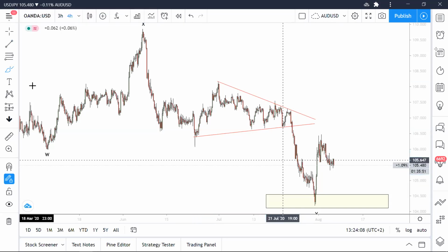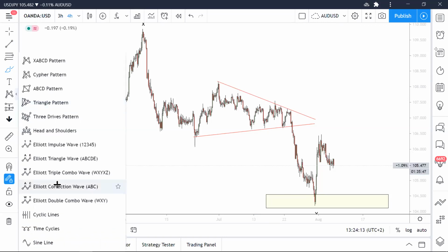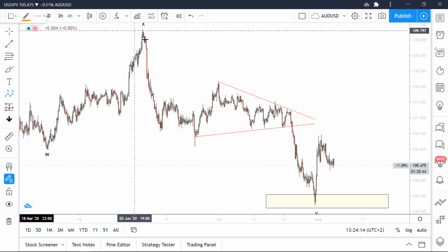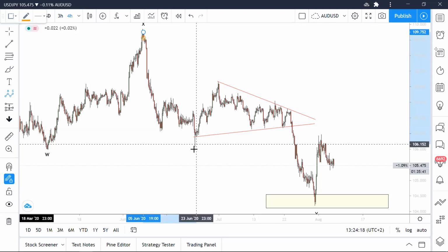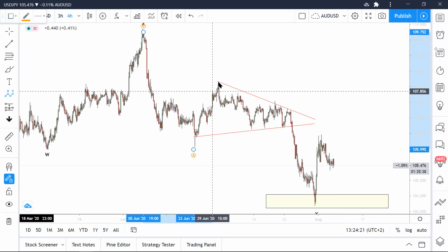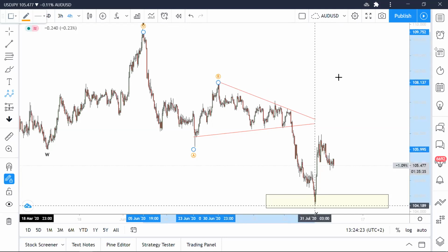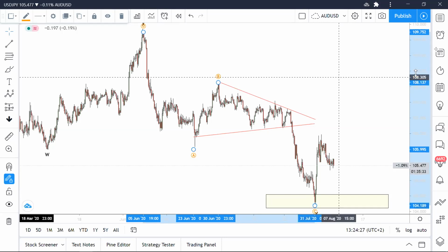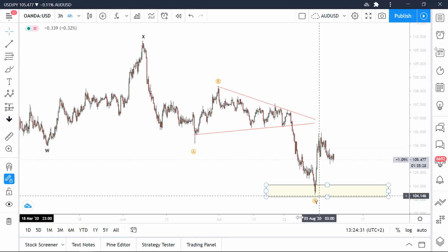Now, a way that you can also mark this up is if you're looking at your ABC correction, so from the end of wave X, you could have wave A corrective here, A, B, and then end of wave C, right? Now recall that on a daily time frame, we are at the end of wave Y here.